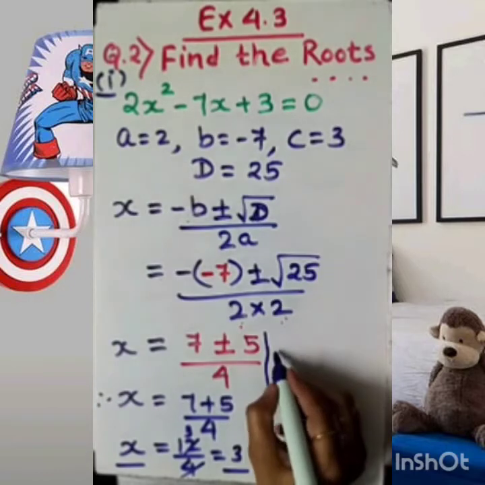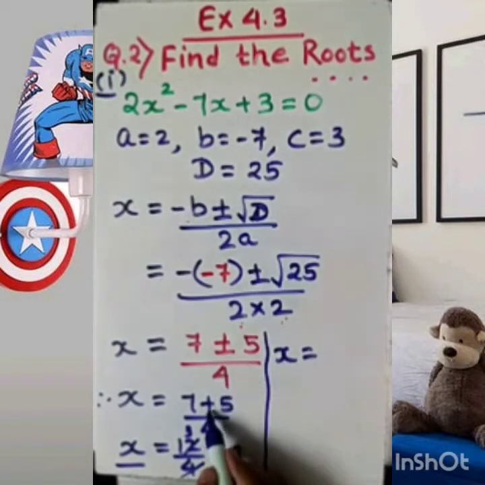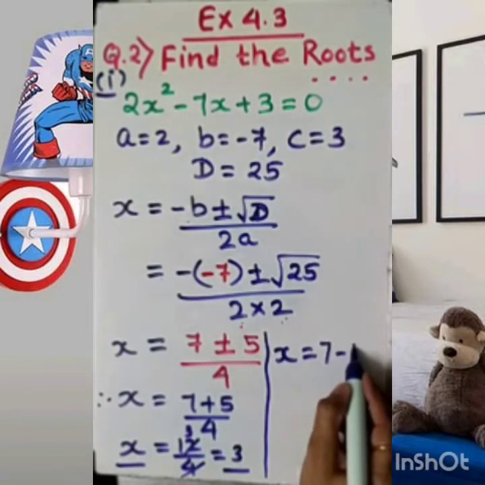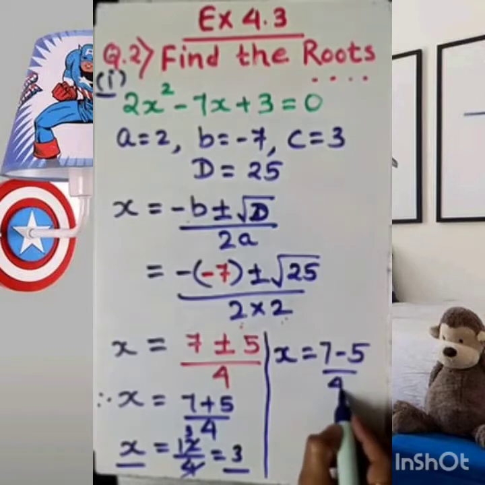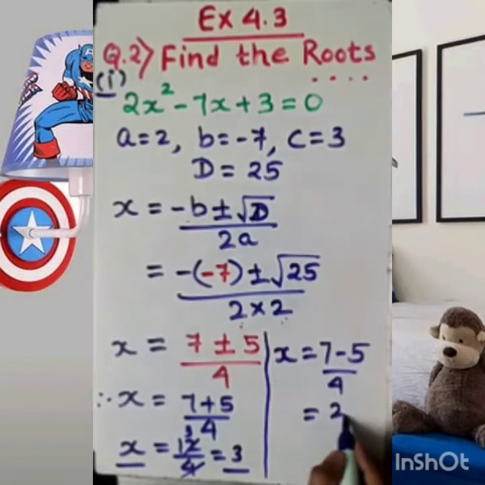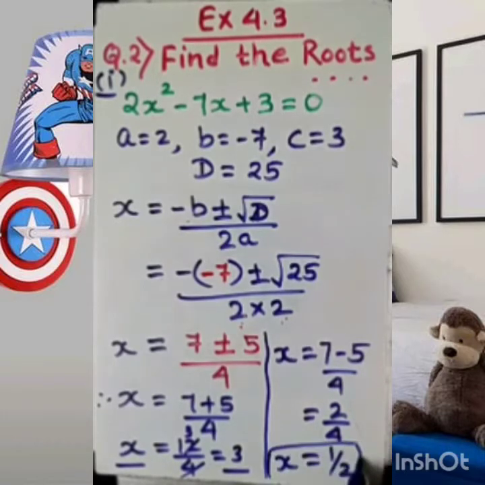As we have taken plus there, I am choosing minus here: 7 minus 5, 2 by 4, the simplification is 1/2. So dear student, this is a very easy method. That's why the final roots of the given equation are 3 and 1/2.